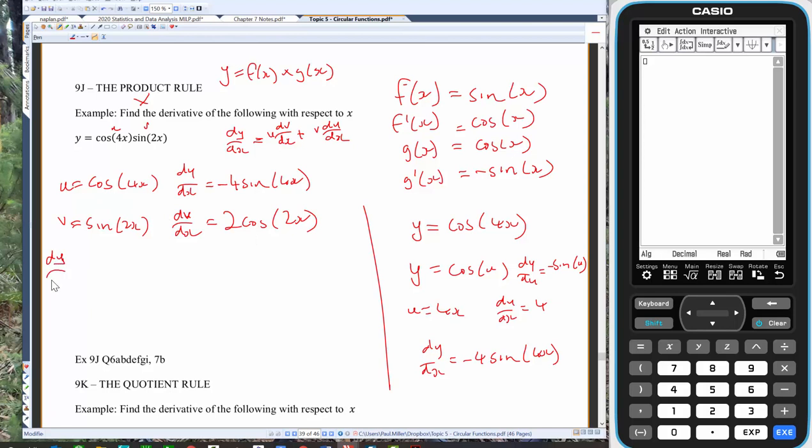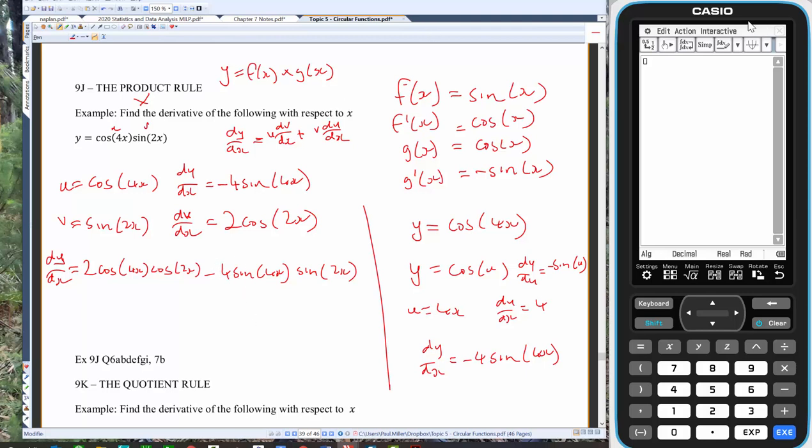So dy dx is equal to u dv dx, so 2 cosine 4x cosine 2x, plus v du dx, which gives plus negative 4 sine 4x sine 2x. A particularly nasty looking derivative, but that's its derivative.